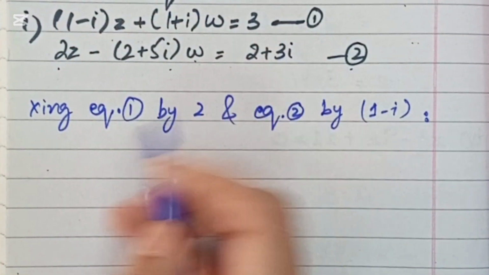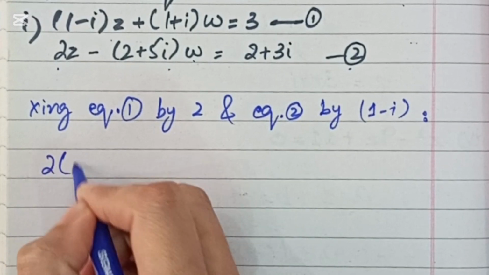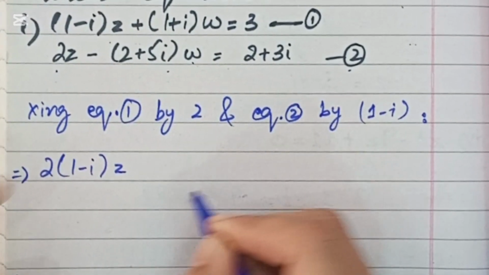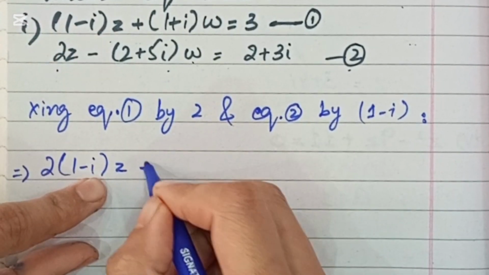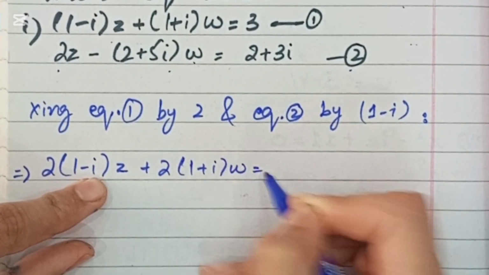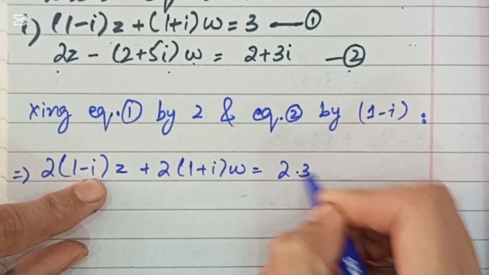So first we'll apply 2 into (1 minus iota)z plus 2 into (1 plus iota)w equals 2 into 3.